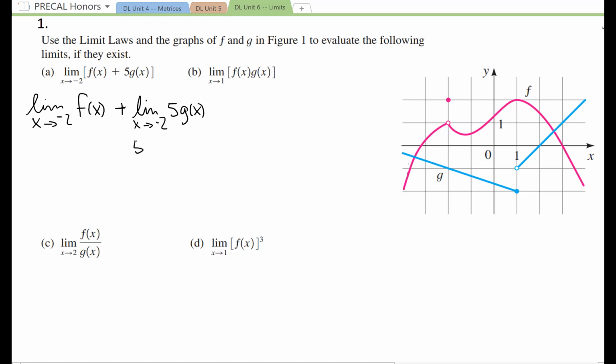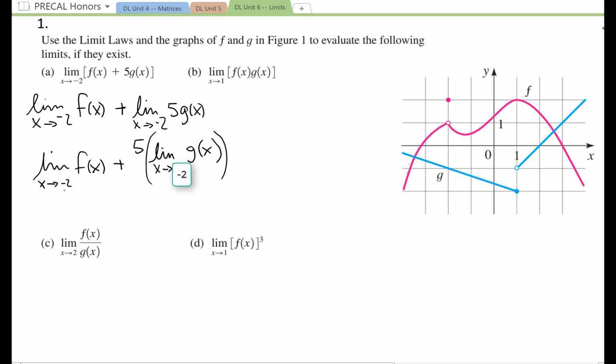So 5 times the limit as x approaches -2 of g of x. So we're going to multiply 5 times that, of course being added still to the limit of f of x as x approaches -2.